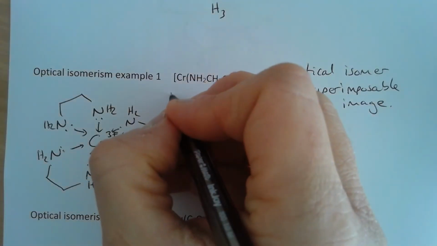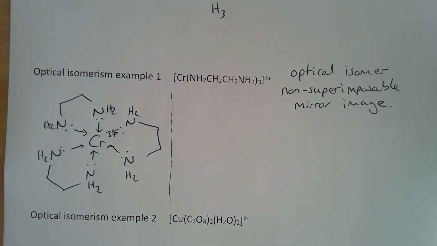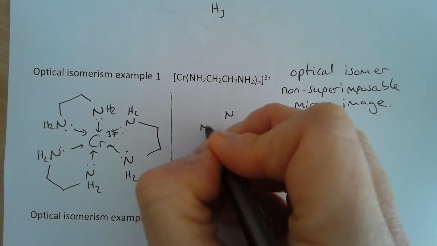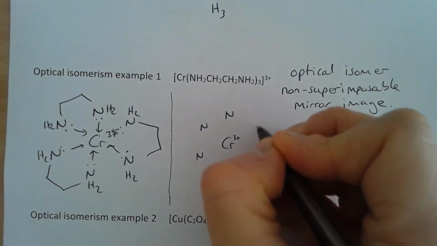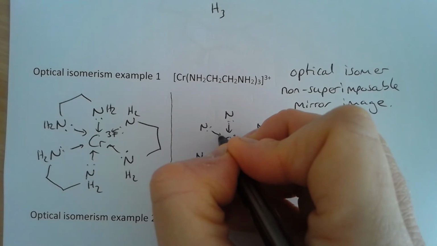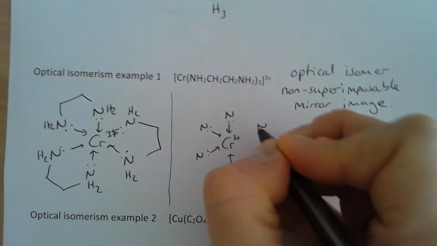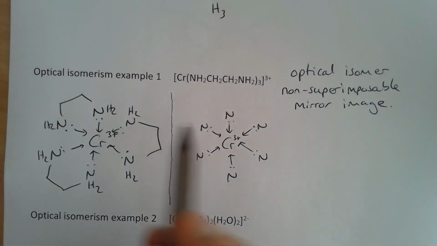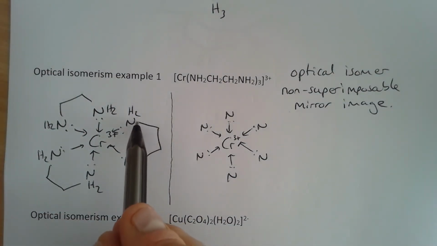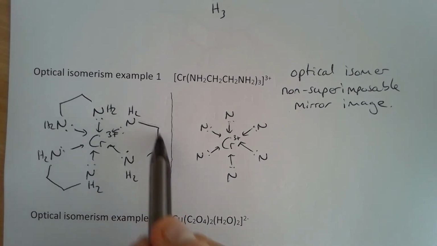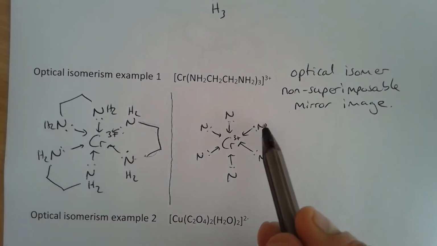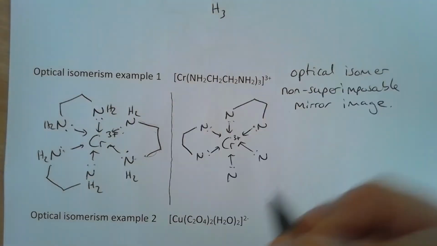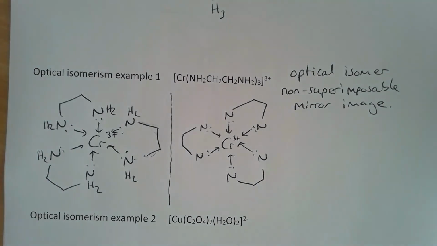Now there will exist a mirror image form of this, and the easiest way to do it is start exactly as we did last time. Like that. And then I just want to draw the mirror image. So in this one the link between the diaminoethane molecule was over here in this molecule, so its mirror image is going to be here, and then here, and then here, like that.